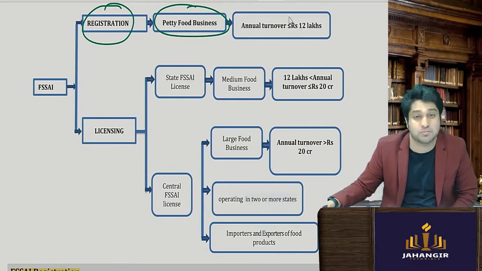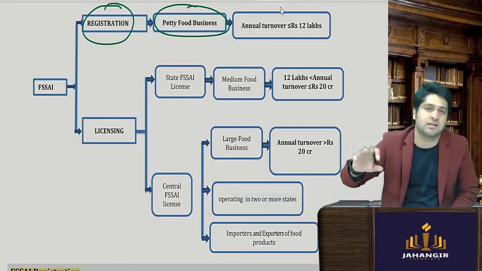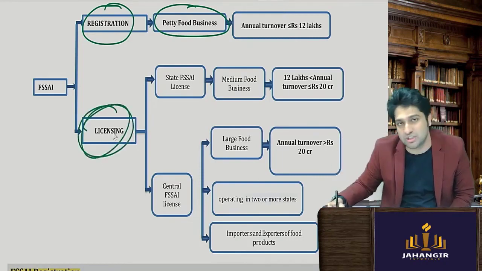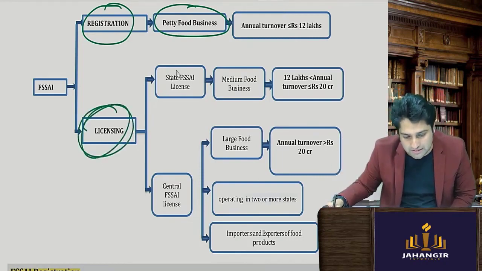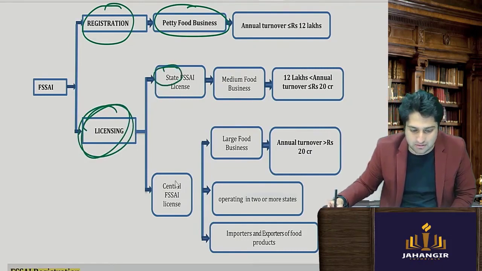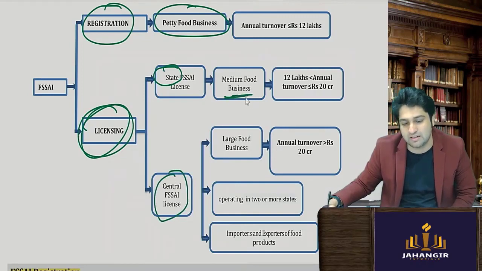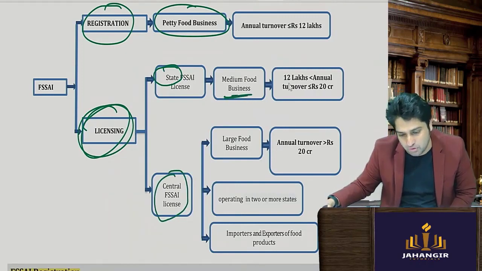Imagine we are calling them a small business, petty business. If it is up to 12 lakhs then they only have to do registration. But license is more stringent. You have to take a state license and central license. State license when you're dealing in food business, greater than 4 lakhs but up to 20 crores.